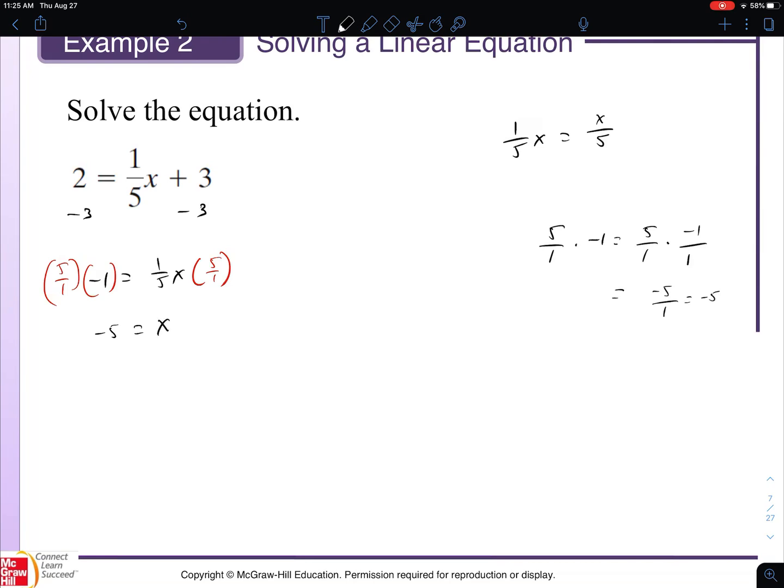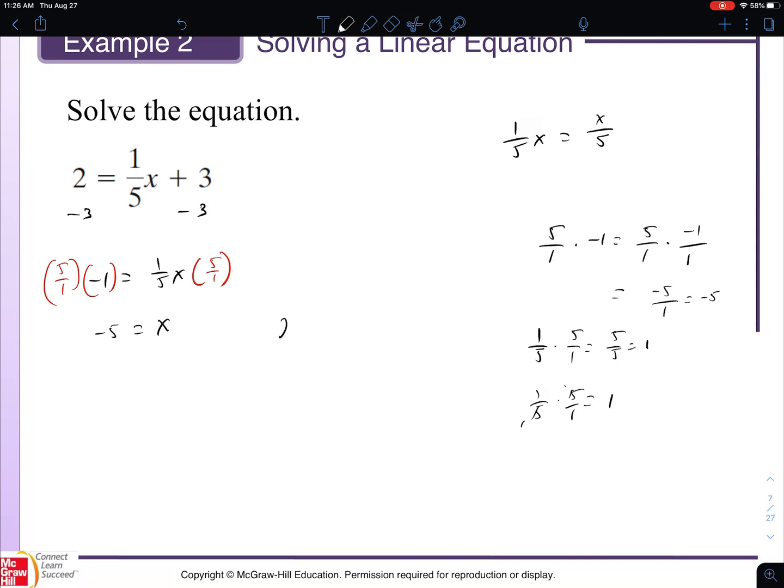Then 1/5 times 5 over 1 becomes 5 over 5, which is just equal to 1. The other way you could have done it is by canceling out the 5's, which will still give you the 1. Let's double check it to make sure that it gives us the correct answer.